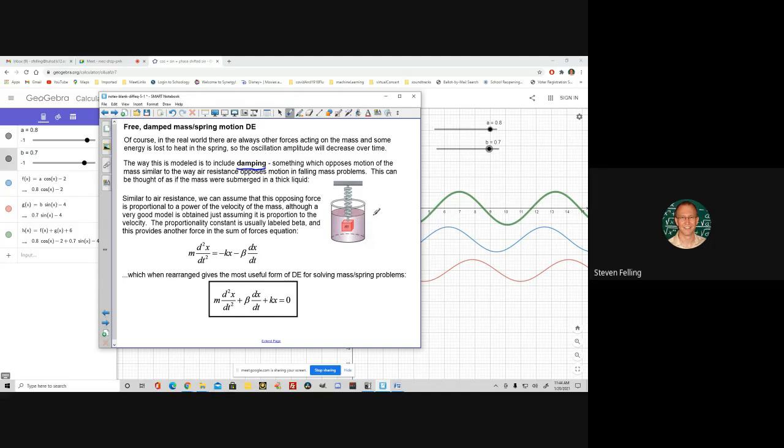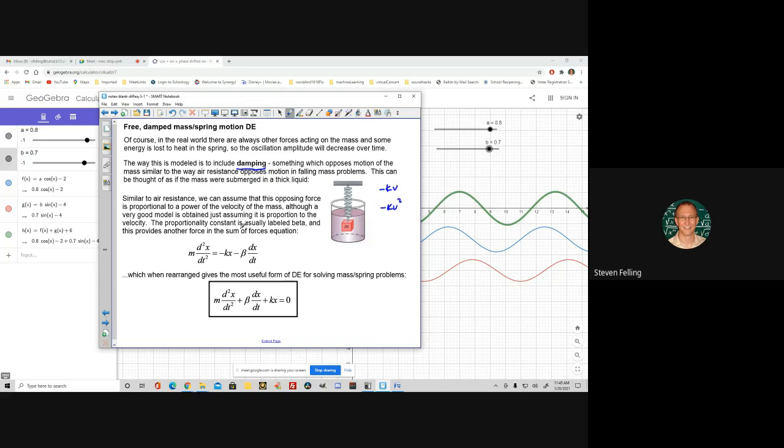It's heating up this liquid as it moves, so some of the energy is being removed from the system, something like that. So what we do is we just say that just like with air resistance, we're going to have some term which has a constant of proportionality times some value of how fast the thing is moving. Remember with air resistance, we said it's either minus kV or it's minus kV squared, where this is how fast the object is moving through the air.